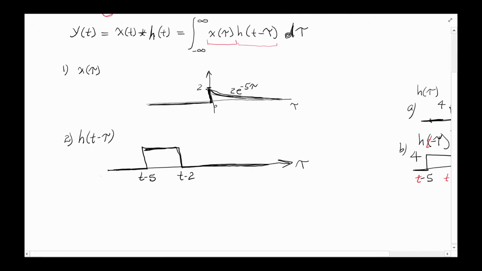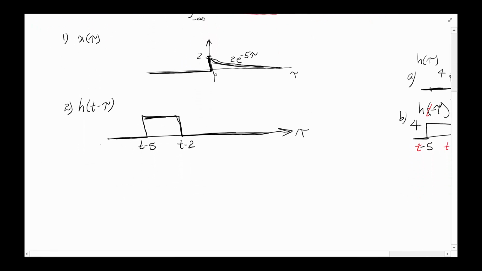Now I've got h of t, and I've got h of t minus tau. Now all I have to do at this point is start moving this forward.